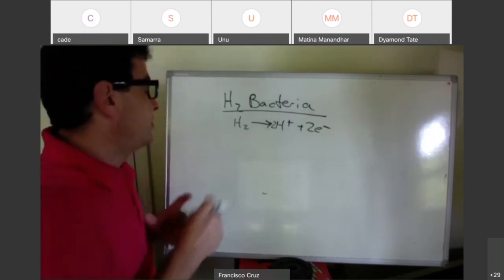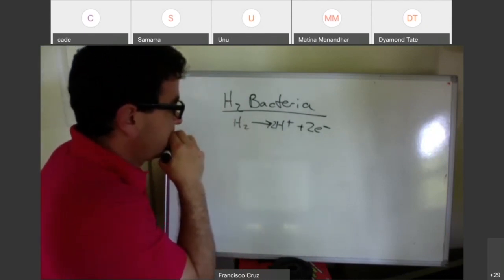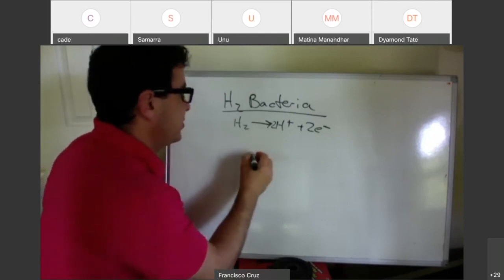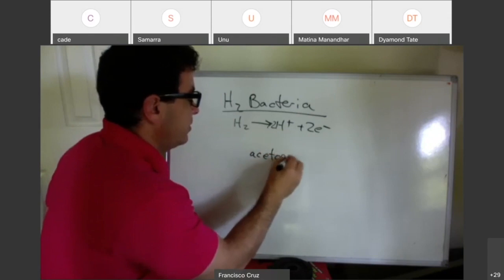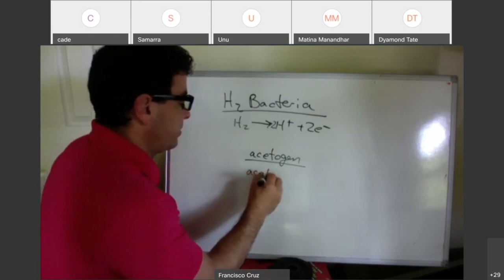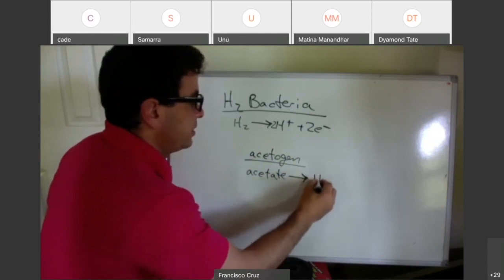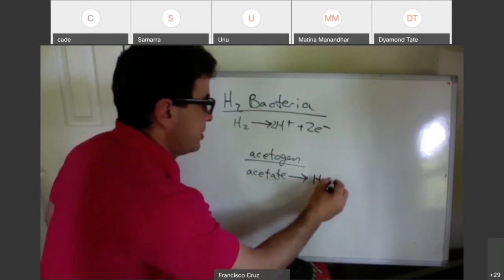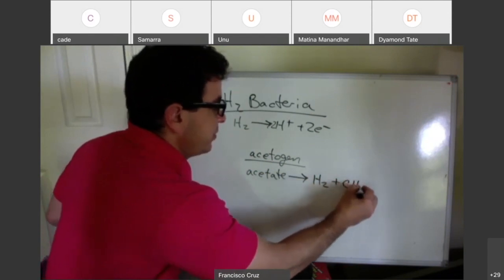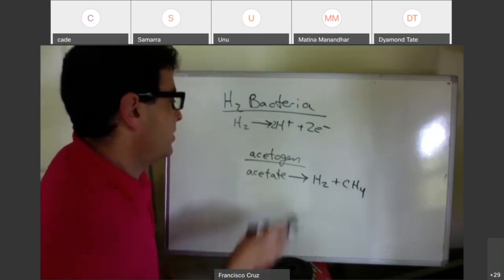Here's where these guys are really useful. Say that you have an acetogen, and they take acetate, and then they'll produce H2 plus CH4, for instance. Okay, I'm sorry.